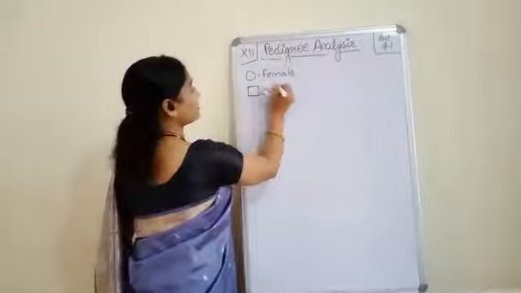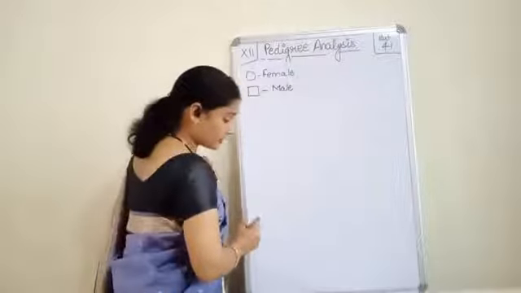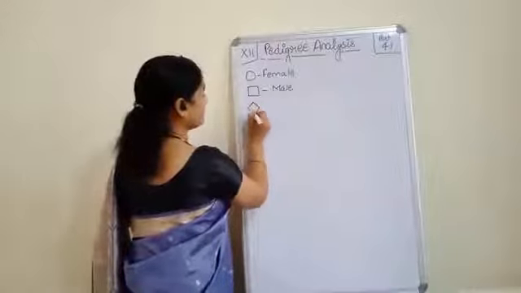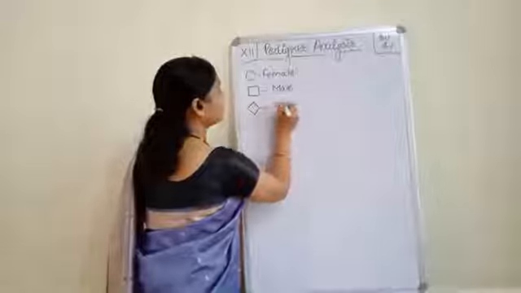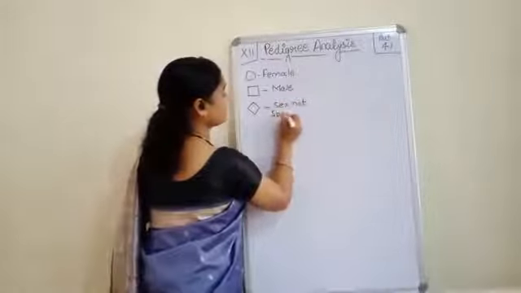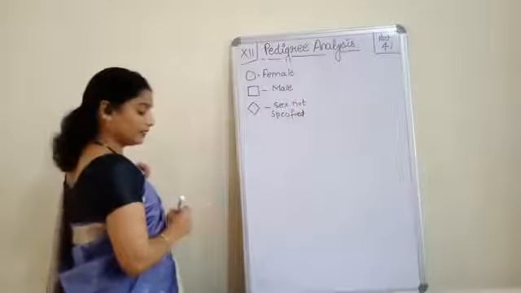Clear? Then we draw a box. This represents male. And this represents sex not specified. Clear?